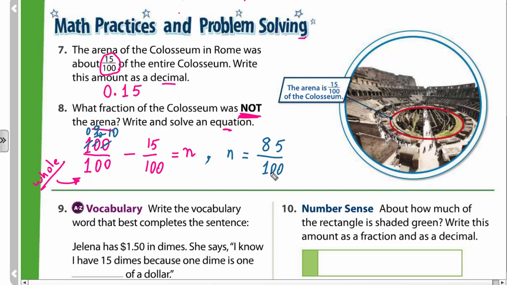We have here 100 in the denominator. So we need 2 digits to the right of the point. So it should be 0.85. So 85 hundredths is written 0.85. Okay, thank you, Danielle.